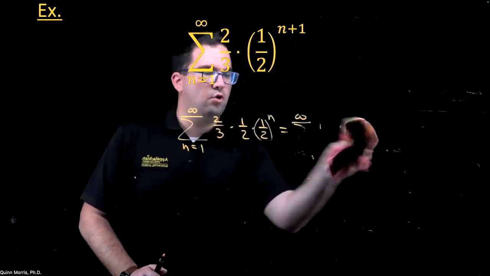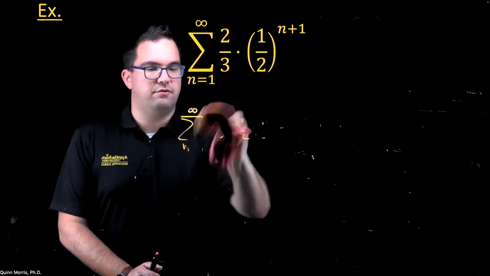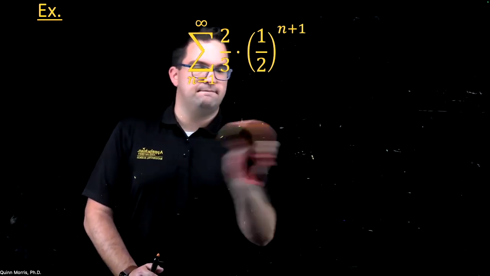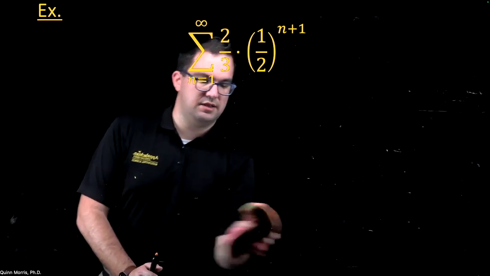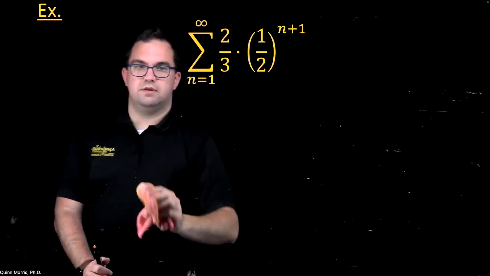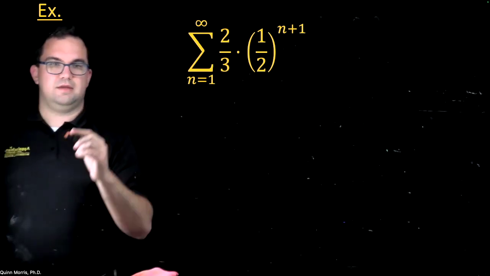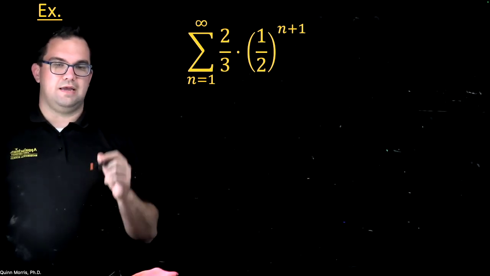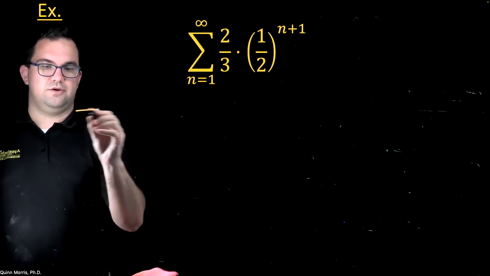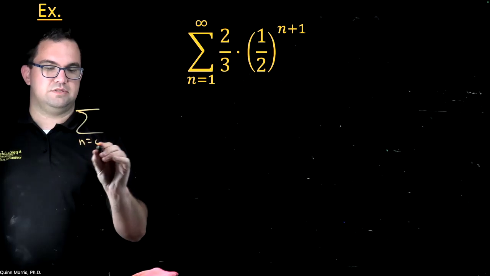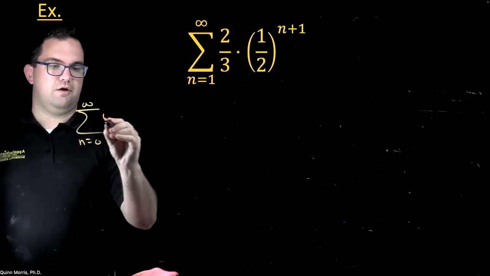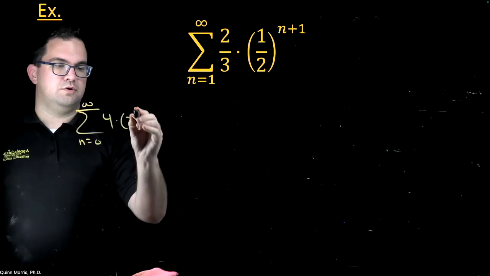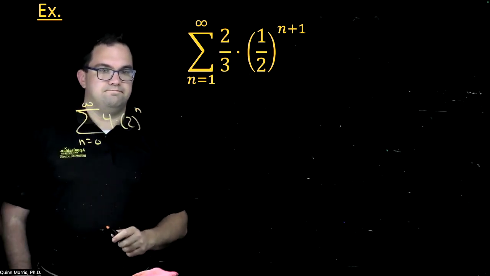So just imagine momentarily that instead of, well, in fact, let's not even look at this one. Let's look at a slightly different thing. So let's say that I gave you the series sum n equals 0 to infinity of 4 times 2 to the n.